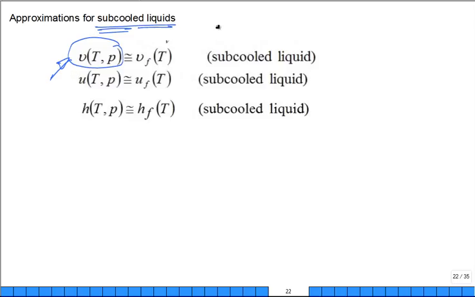So you just ignore the pressure, and you say it's approximately the specific volume of the saturated liquid at the temperature of interest. Check this out, you'll use it a lot. Same here for enthalpy. It's an approximation.